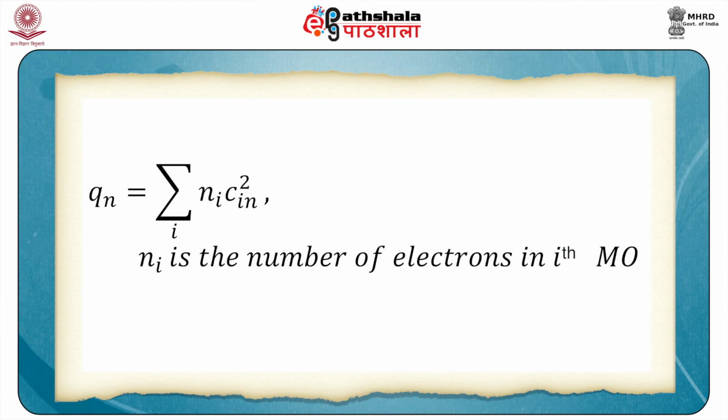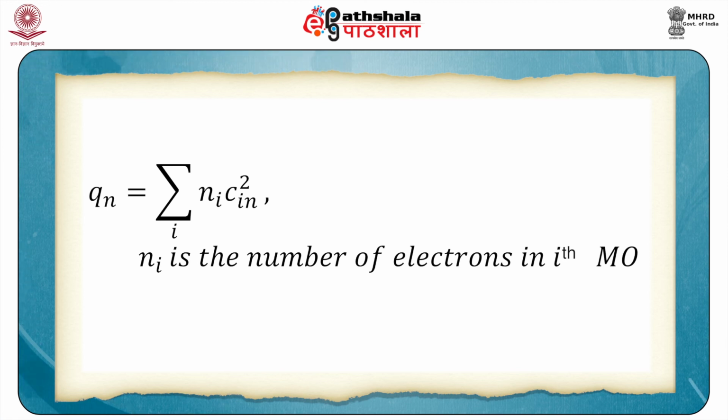Summation is over all i's. And here Ni is the number of electrons in the ith molecular orbital. If any molecular orbital is empty, then naturally the contribution will be correspondingly equal to 0. So this is the expression for finding out the total pi electronic charge on any carbon atom.